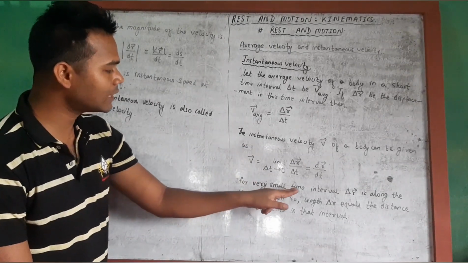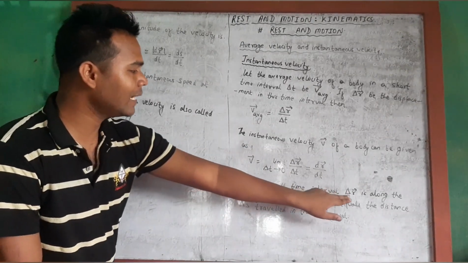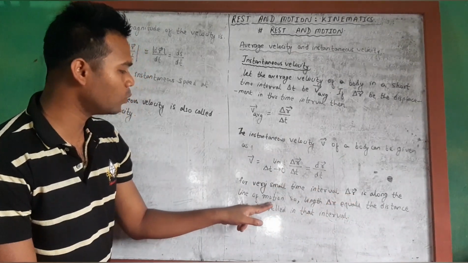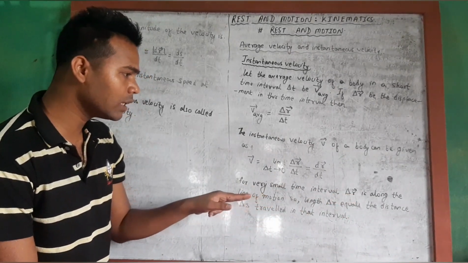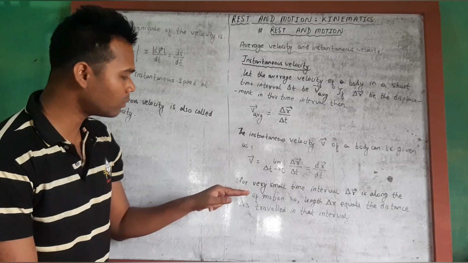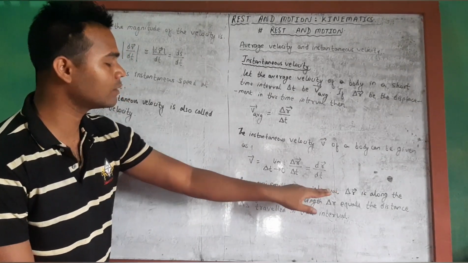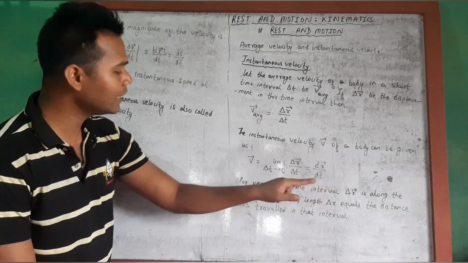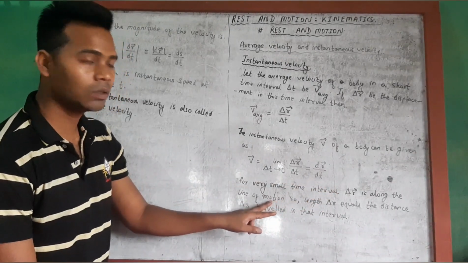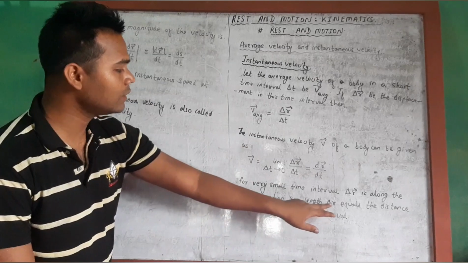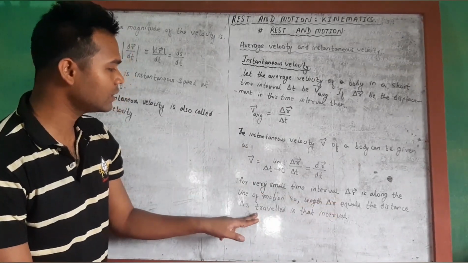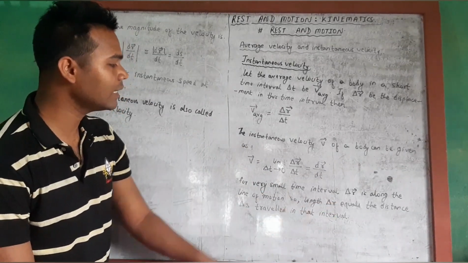For a very small time interval, del r is along the line of the motion. That means the direction of the displacement is the same as the direction of the motion. So the length del r equals the distance del s traveled in that interval.